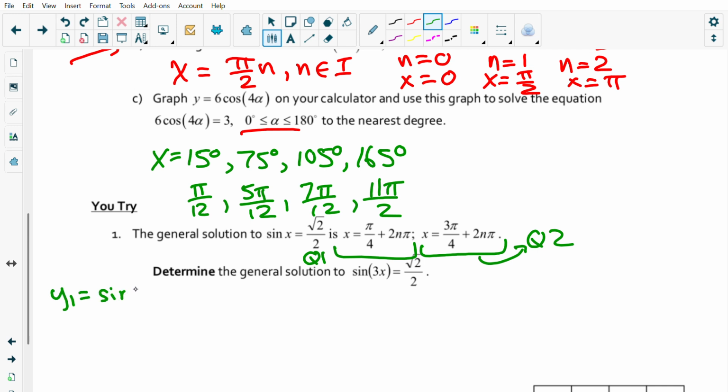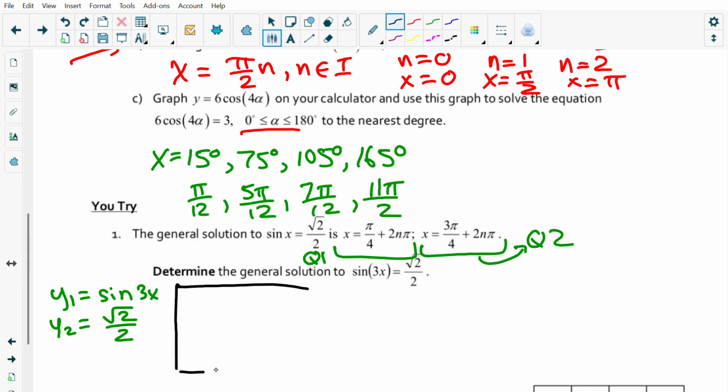So y1 equals sine of 3x, and y2 equals square root of 2 over 2. And let's find the intersection point. So square root of 2 divided by 2. Then we graph that. Okay. I'm in radian mode, folks.